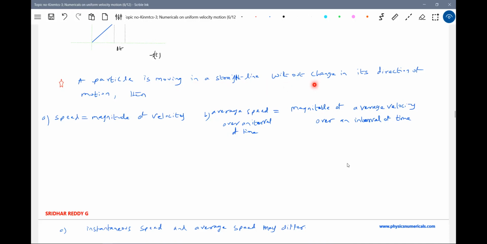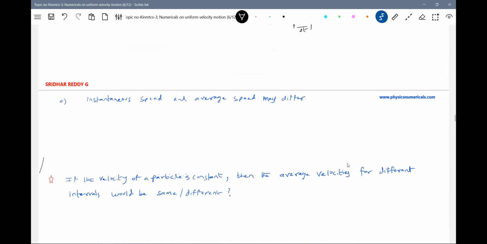If a particle is moving in a straight line without changing its direction of motion, then speed is equal to magnitude of velocity. Average speed over an interval should be equal to magnitude of average velocity. Both are the same, no? Instantaneous speed and average speed may differ?